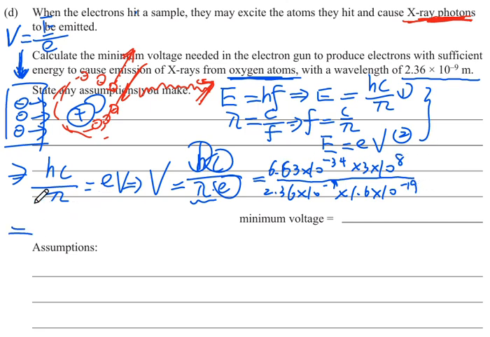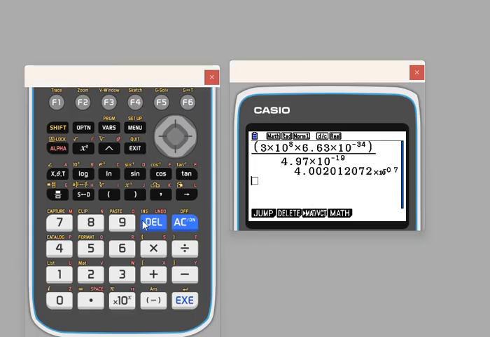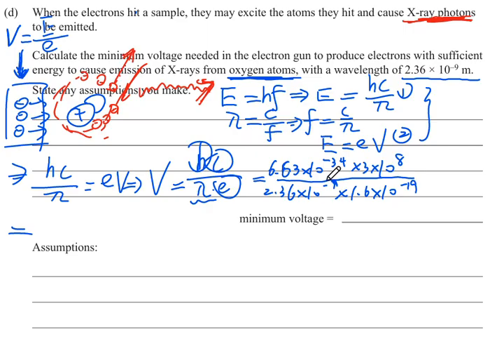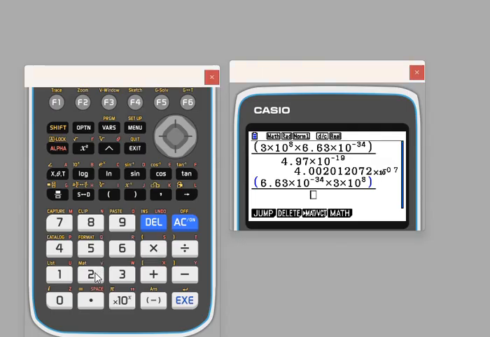It is going to be equal to, well, let's use our calculator, 6.63 times 10 to the power of -34 times 3 times 10 to the power of 8 over 2.36 times 10 to the power of -9 times 1.6 times 10 to the power of -19.